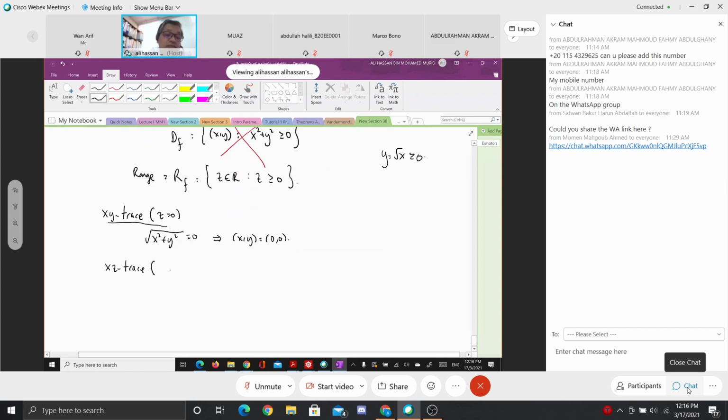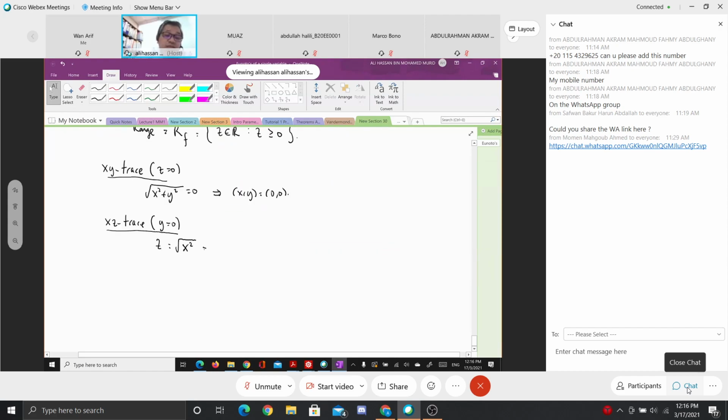What about the xz trace? The xz trace is obtained by setting y equal to 0. Then we have z equal to square root of just x squared, isn't it? And square root of x squared, to be precise, is equal to the absolute value of x, the modulus of x. It's not x.